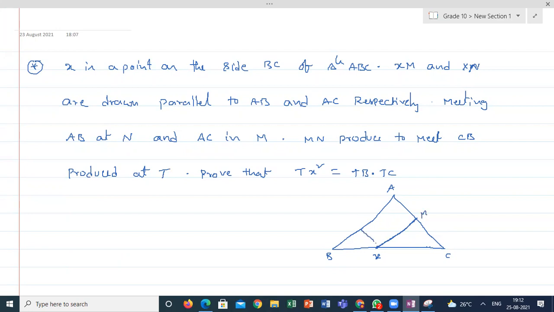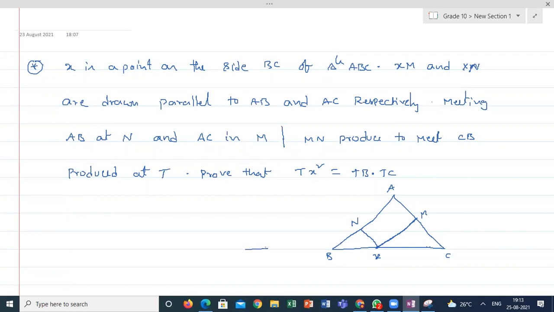XN is parallel to AC, meeting AB at N and AC at M. So far up to here my diagram is correct. Same diagram.